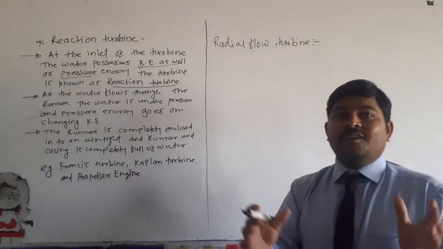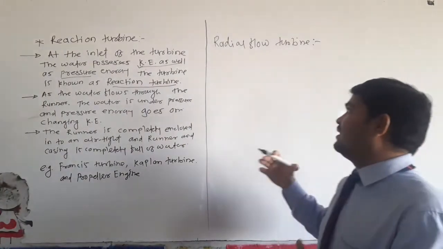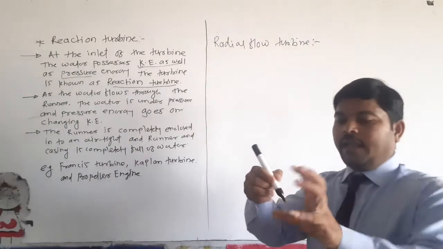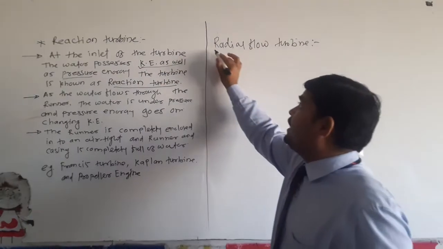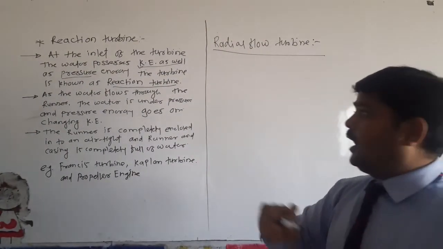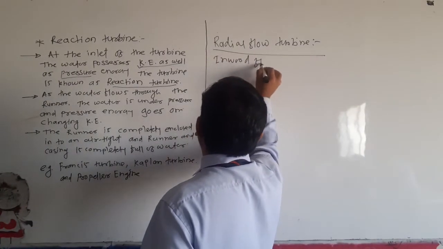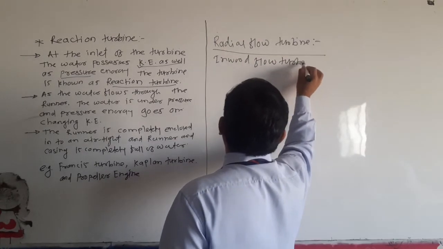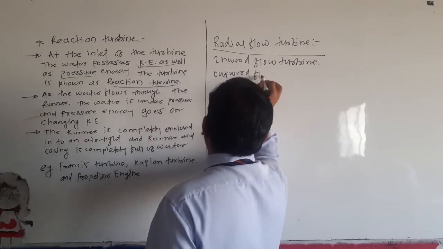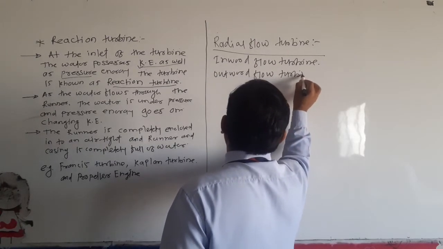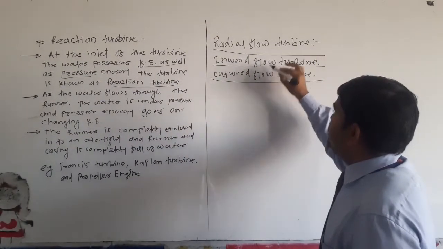In a radial flow turbine, the water flows along the radial direction in the runner. That means the water flows radially over the runner, and we call that radial flow. The radial flow turbine is also classified into two types: one is the inward flow turbine and the other is the outward flow turbine. So inward flow and outward flow are examples of radial flow.